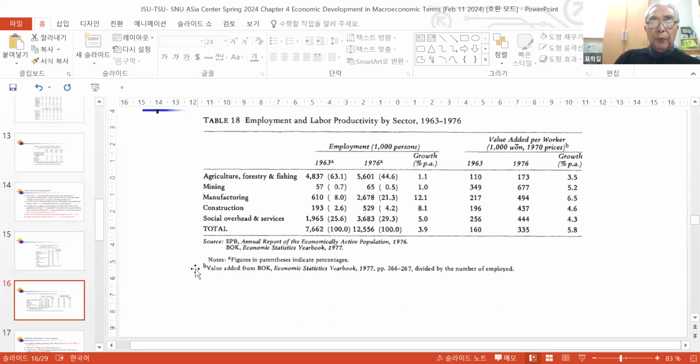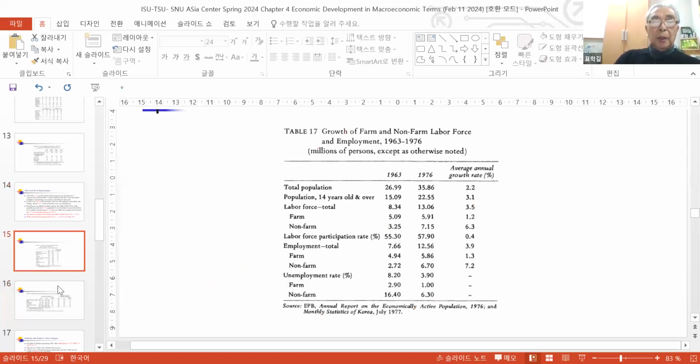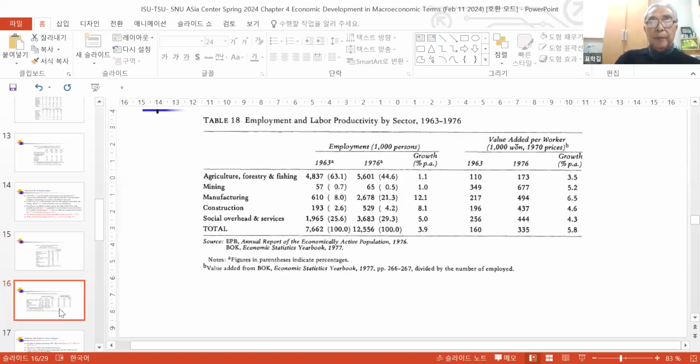Among these four interpretations, which describes the correct description? Choose one. In other words, you always match the textbook explanation with the textbook tables. That way, you learn how employment, for example, labor productivity by sector has changed.